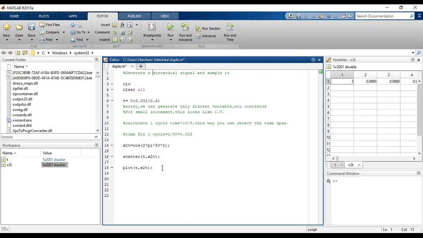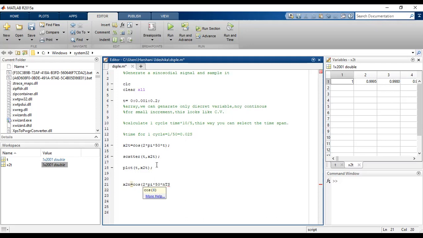Now what I want to do is draw the discrete-time signal. So what is the discrete-time signal actually? The discrete-time signal x[n] is equal to cos(2 pi times the frequency, 50, times t), and instead of t you have to put n Ts.